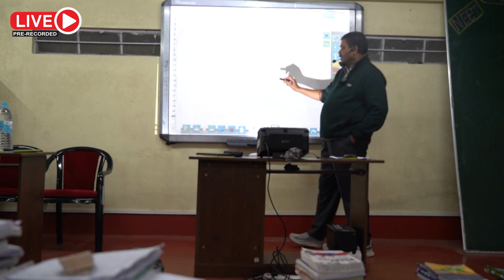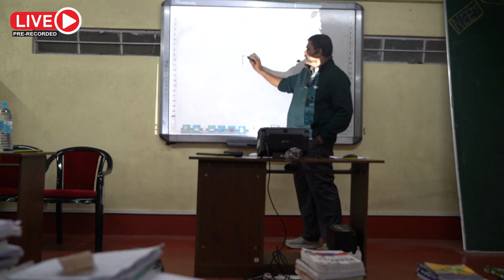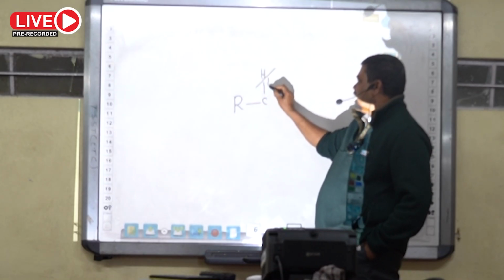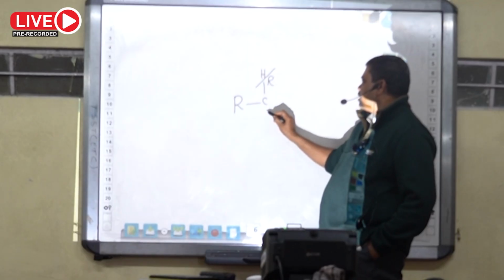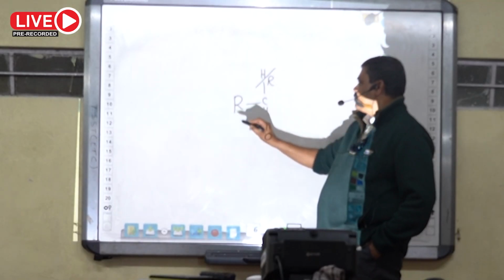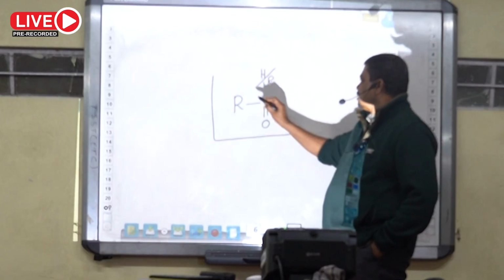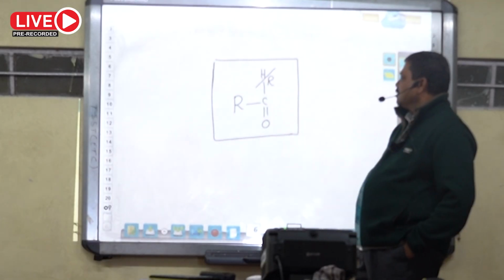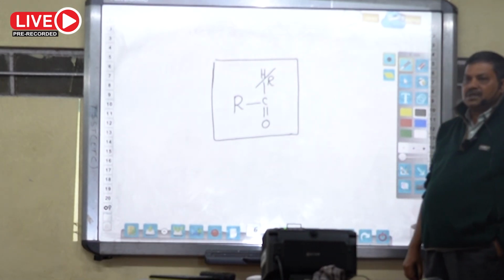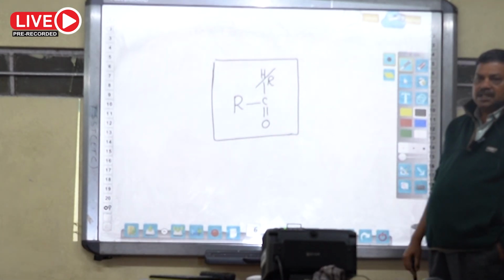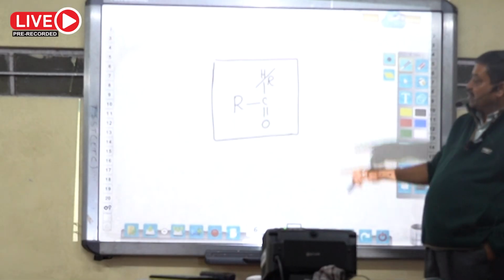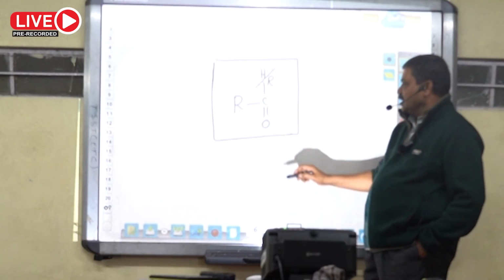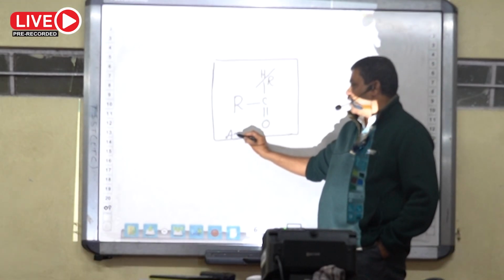So if you write RCH/R double bond O, what is this? If you read it as H, it is aldehyde. If you read it as R, both are R's, it is ketone. So here I am writing aldehyde or ketone.